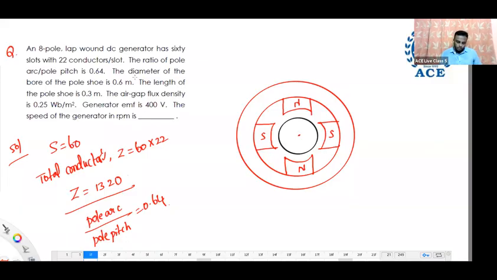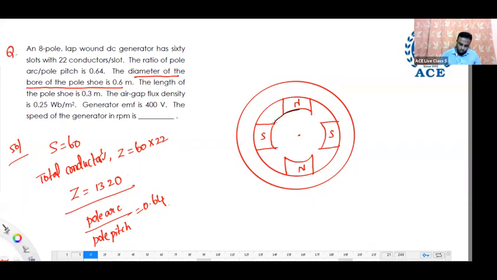See here, the diameter of bore of the pole shoe. What is the meaning of this? It is this one. Bore means let us join the arc of all the poles.